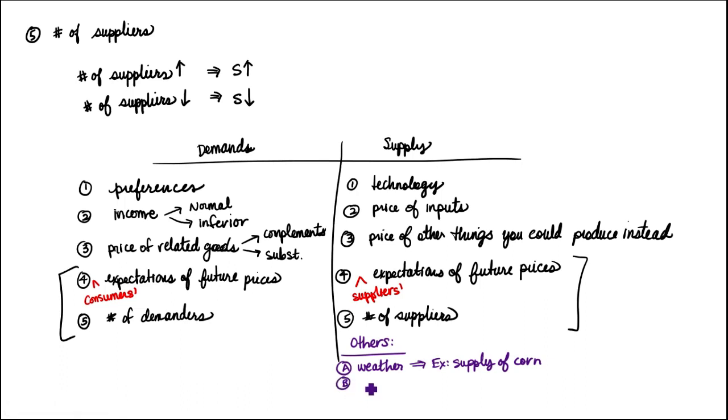Another one could be civil unrest. So an example here might be war in the Middle East. And war in the Middle East, we know, has disrupted oil production.